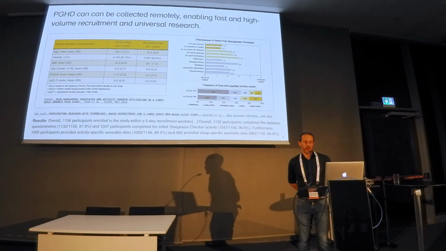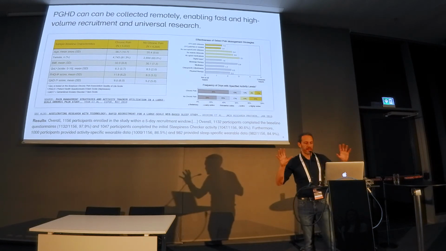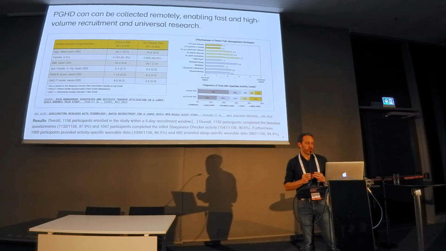This is a nice representation to me that talks to the power of the variety of person-generated health data. On the top of this very busy slide, you see 3 different kinds of data that can be collected, in this particular case in a study in chronic pain, run and sponsored by Evidation. You see a table of demographics and a validated instrument for anxiety and depression measure, pretty standard, on the left-hand side.